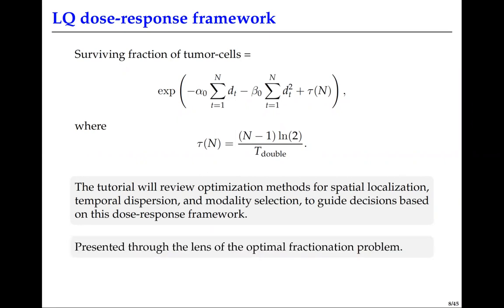And I'm going to present the tutorial through the lens of the so-called optimal fractionation problem. I've not yet mentioned what that problem looks like, but it nicely incorporates the spatial component, the temporal component, as well as the modality selection component. That's the reason why we are going to look at this through the lens of that optimal fractionation problem.